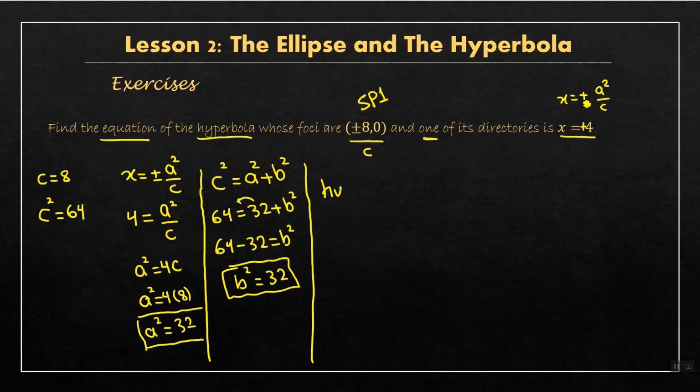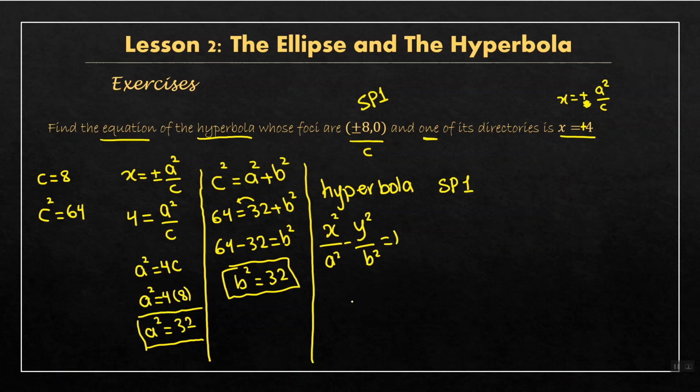We have a hyperbola, and it is SP1. So the equation is going to be x squared over a squared minus y squared over b squared equals 1.